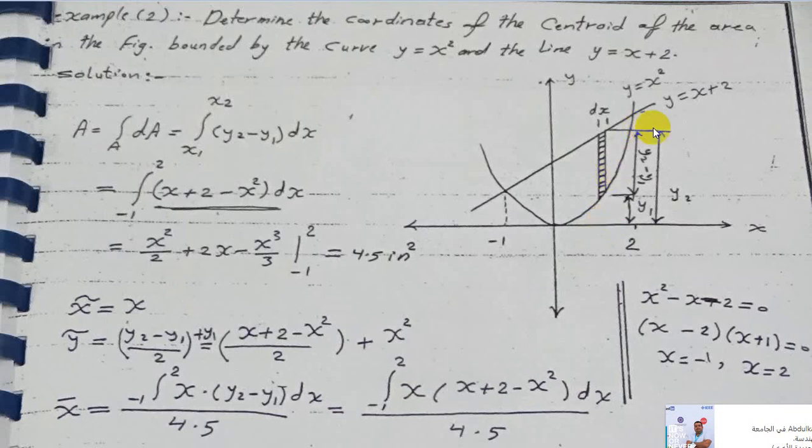So we have the whole distance from the very top of this vertical strip right up to the x-axis, which is y2 or y1, as you see here. This is y2.